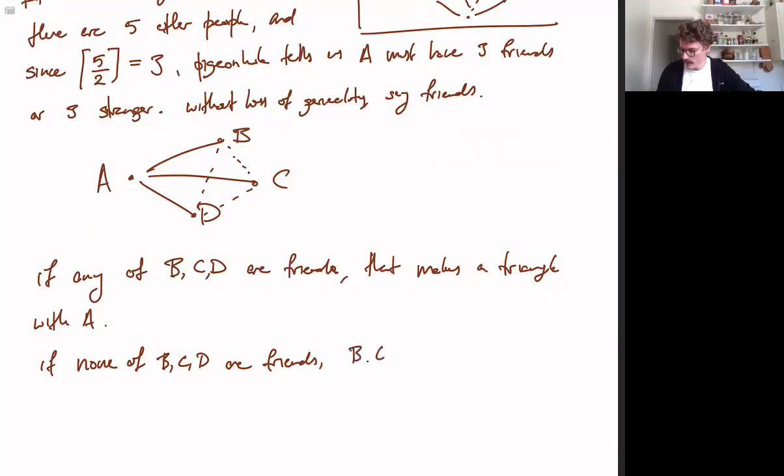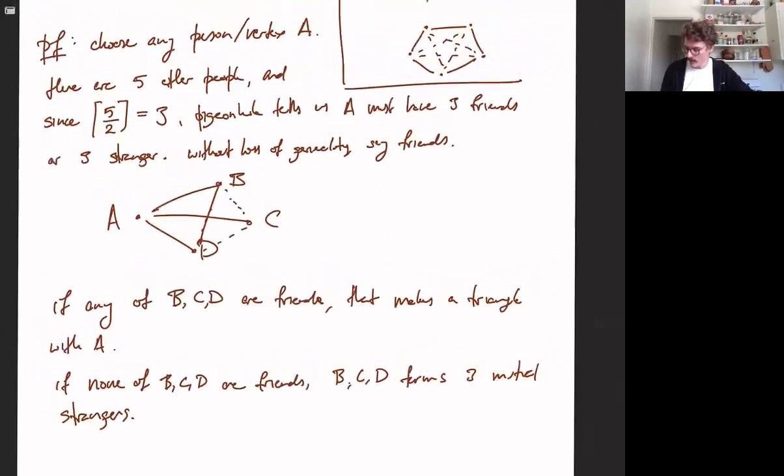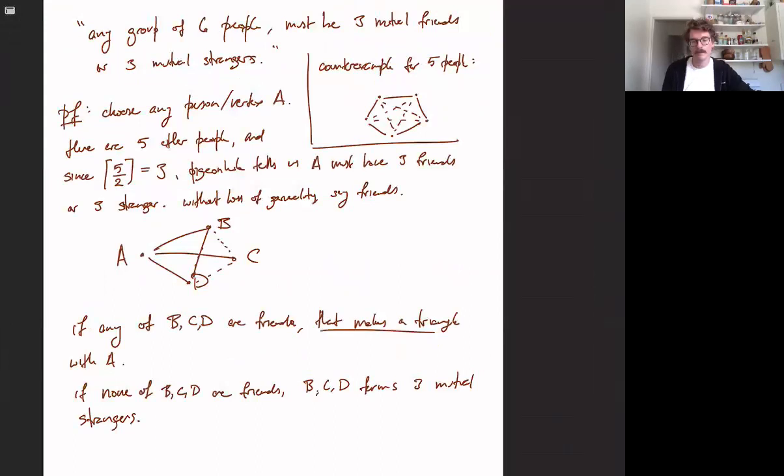B, C, D forms 3 mutual strangers. We have this triangle of dotted lines that we've drawn here. So just as we claimed, we must have either 3 mutual friends in this case, or 3 mutual strangers in this case. So that proves the claim.